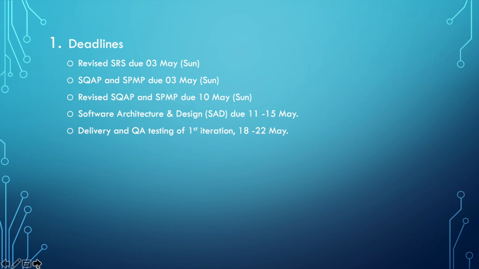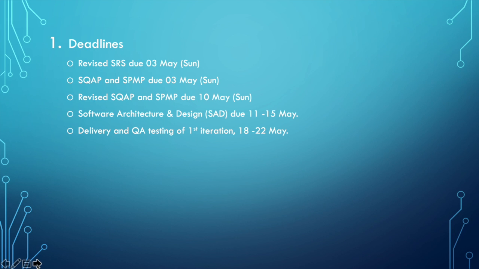So this next document is upcoming. It is the software architecture and design. The software architecture and design shows in a graphical manner the different parts of your software. What are the components? What are the modules? What are the packages consisting of your software project?